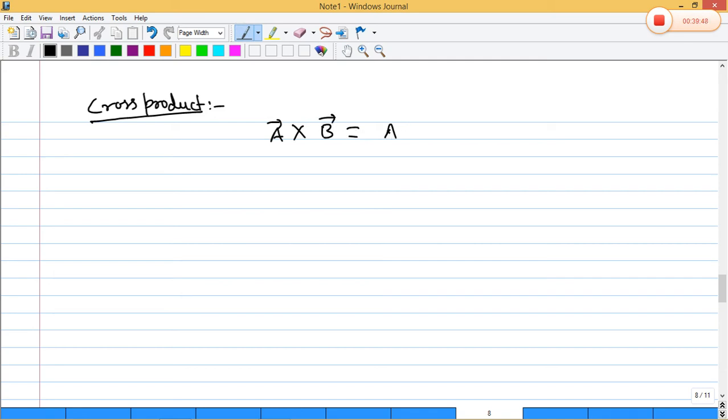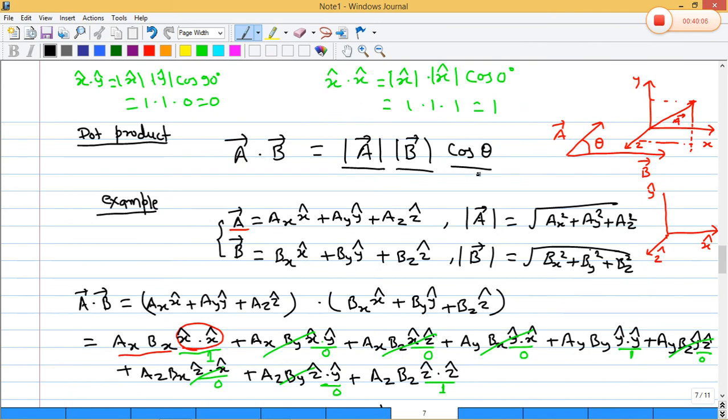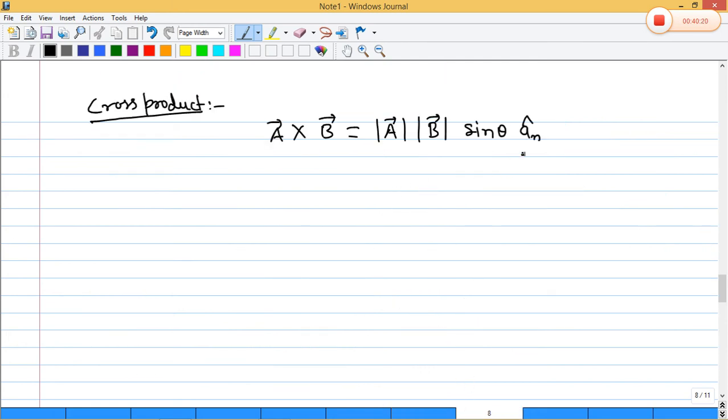So A cross B is nothing but the magnitude of A into the magnitude of B into sine theta, along the normal. The result of the dot product is a scalar. But in the vector product, its result is a vector.